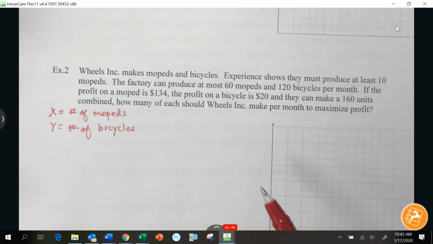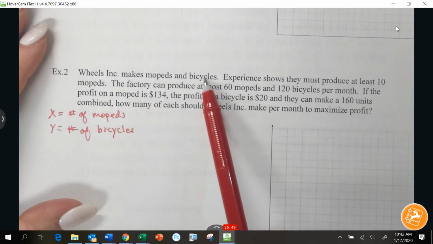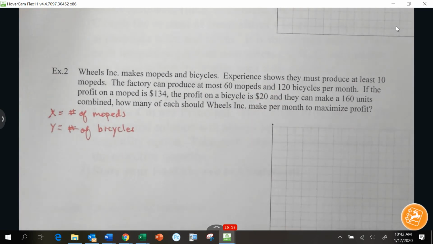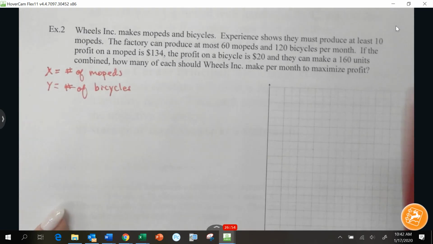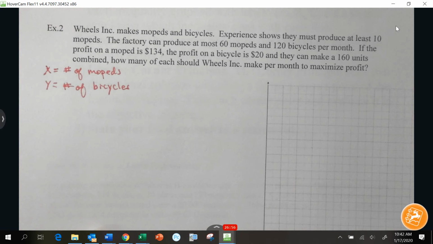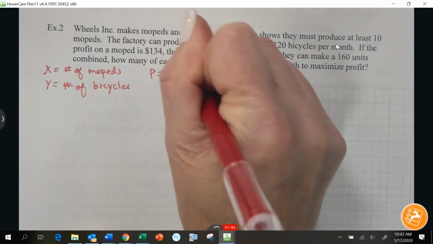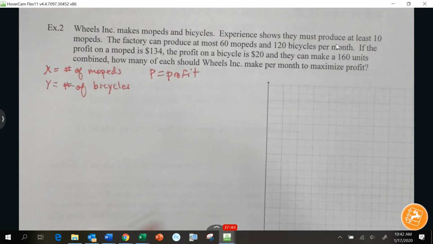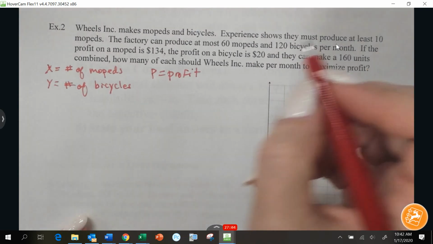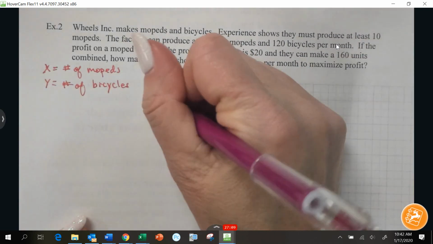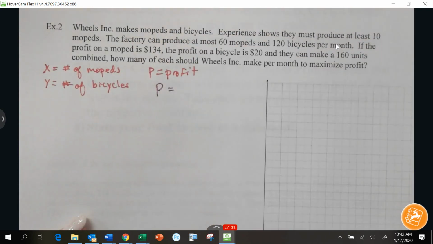So I know whether you meant mopeds as X or bicycles as X. Don't know if that made sense. We also have to maximize profit, so I'm just going to say that P is the profit. So there's my variables. Let's do our objective function. Our objective function is going to be for profit. How do we make profit?